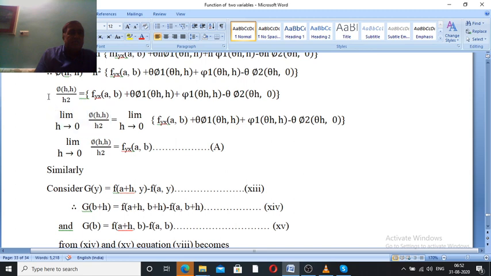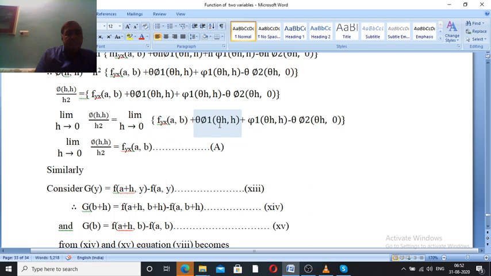Taking limit as h tends to 0 on both sides, limit h tends to 0 φ(h,h) upon h square. On the right hand side, limit h tends to 0 of this expression. f_yx at point (a,b) is constant with respect to the limit.